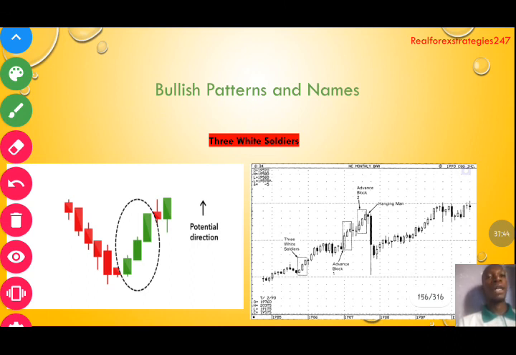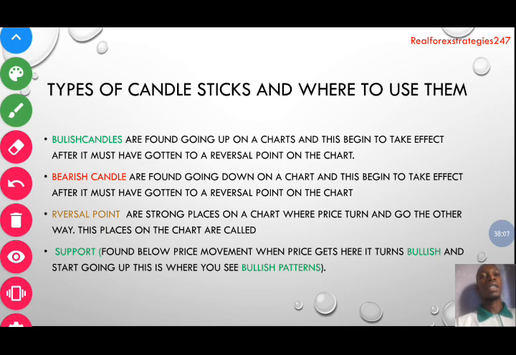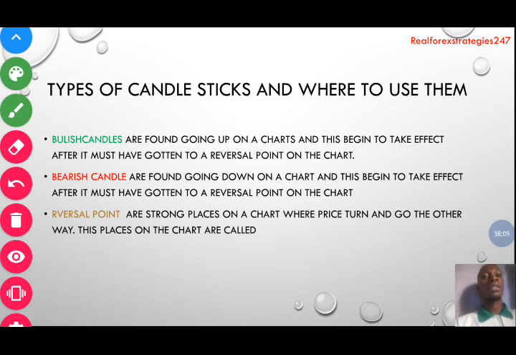We stopped at the three white soldiers, the three advancing soldiers, the three rising soldiers. Those are names that you call this last pattern. So I'm just going to do a recap of what I have talked about so far. I'm just going to swipe back the slides and get it.